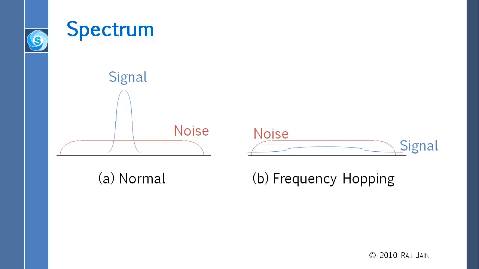So if you take an average over a long period, the signal is spread all over. It might even be less than the noise. However, at any one particular instant, you see the power is at one particular frequency. But when you take over a long period of time, power is spread.